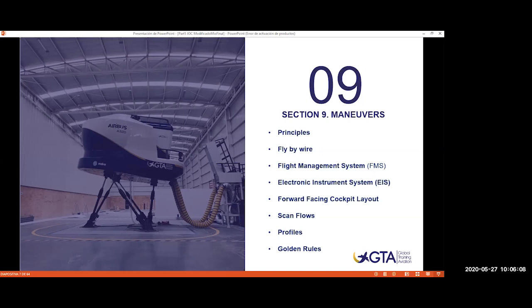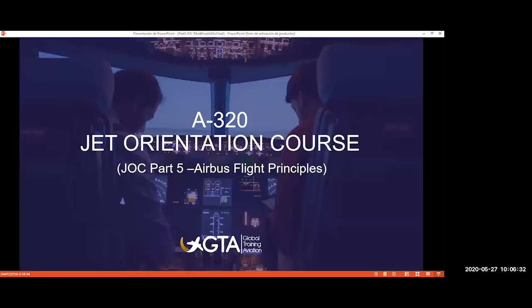Then we are talking about how Airbus tries to design the cockpit, how the layout of this cockpit is. Then we're talking about a little bit of scan flows and a little bit of introduction to SOPs, then profiles, and at the end, golden rules. That could be the conclusion of all of this course.